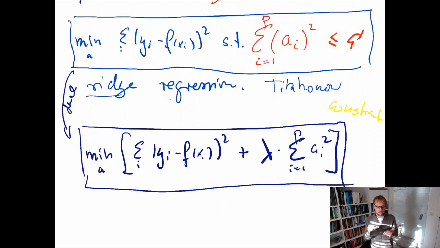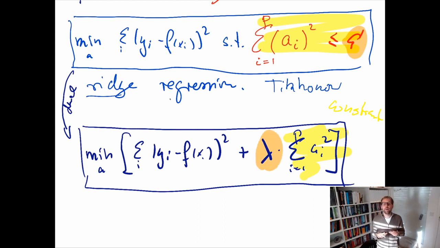So I have c here, sorry. This quadratic term here is obviously related to this quadratic term here, and this constant c here is related to this lambda. And basically what happens is c is inversely related to lambda.